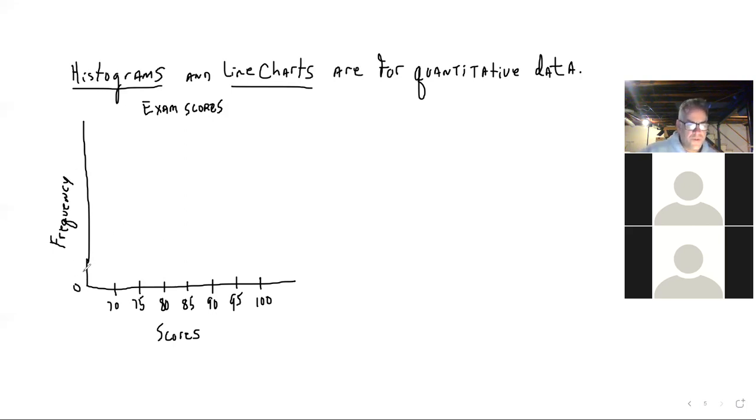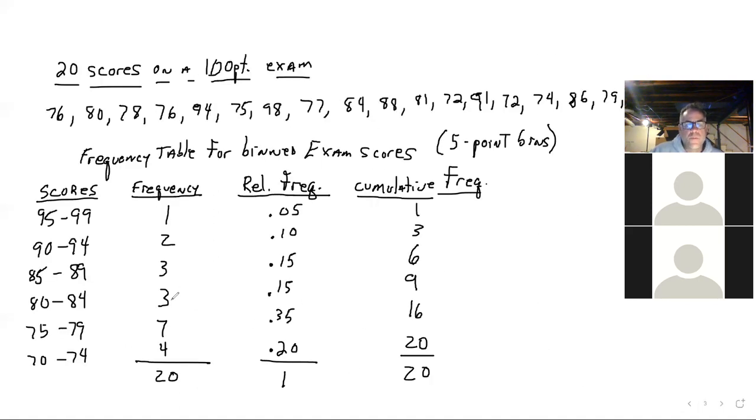And so it's going to go 0, 1, 2, 3, 4, 5, and these should be uniform, but I'm hand drawing them, so 8, 9, 10. All right. Now, I'm going to flip back to that frequency table, the bin frequency table.